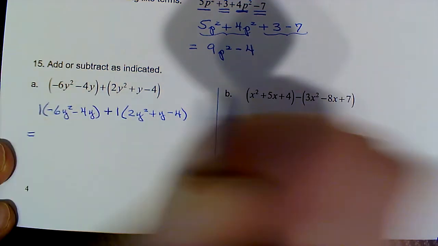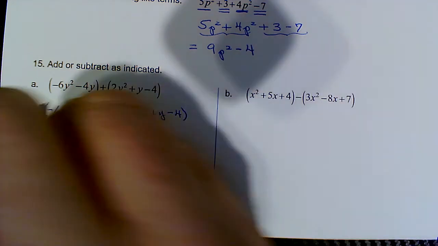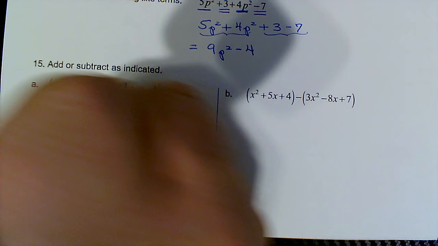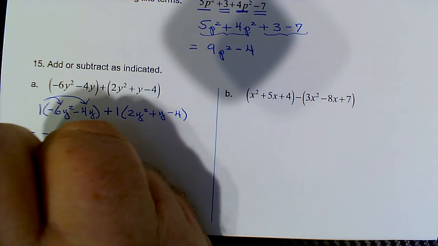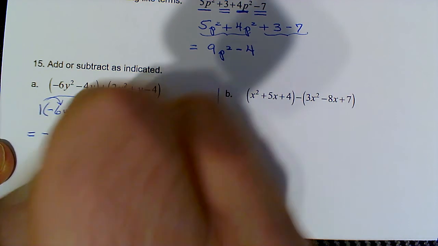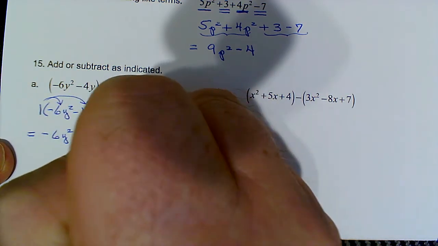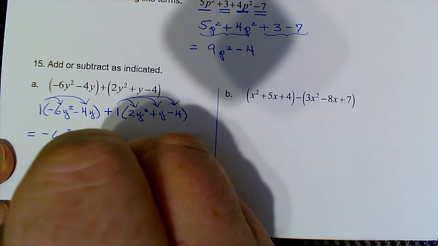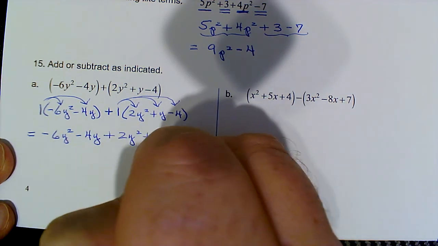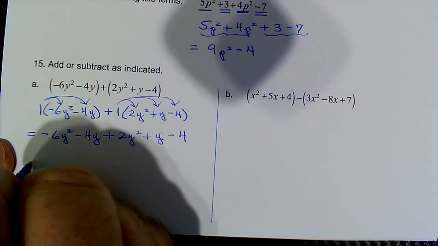And adding polynomials, basically you just remove the parentheses by the distributive property. But it's really easy because 1 times anything is itself. So we get minus 6y squared minus 4y, and then this plus 1 distributed. That doesn't change anything either. That is, we just have plus 2y squared plus y minus 4, and then we can combine like terms.